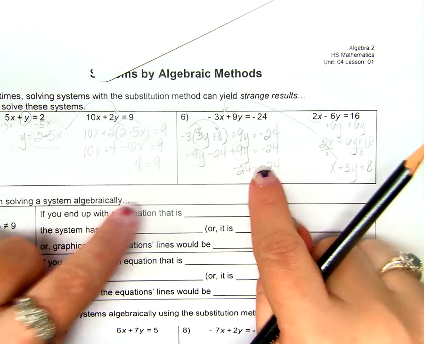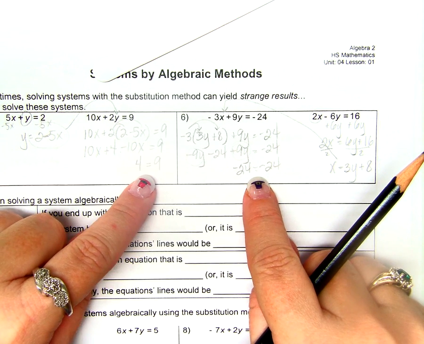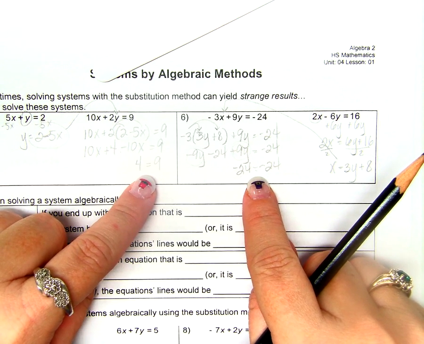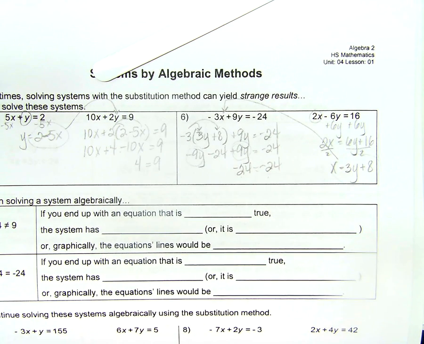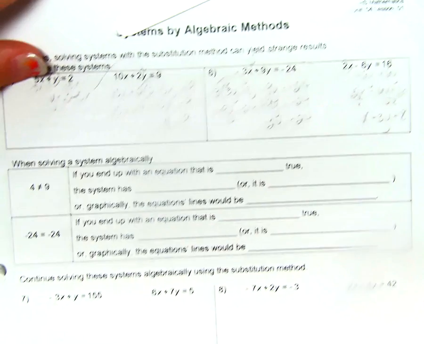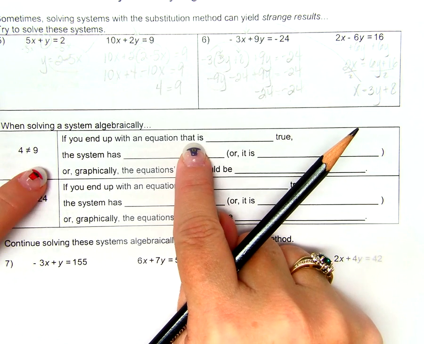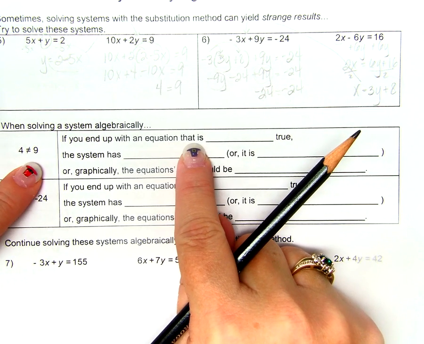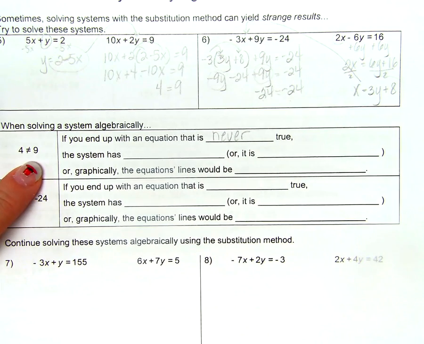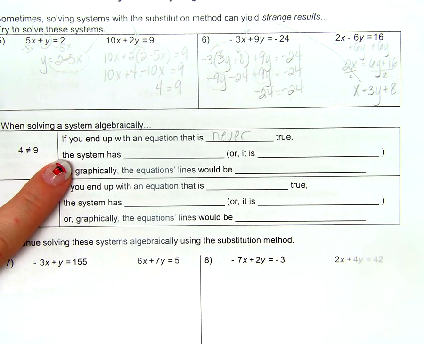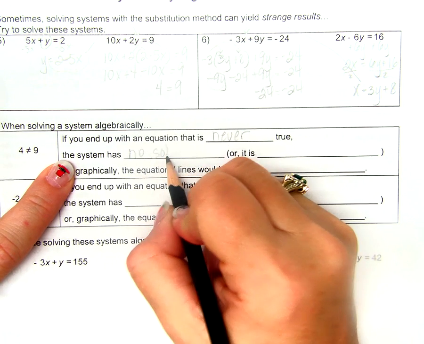So we have two different situations here, right? Where did our x's go? They just subtracted to 0, didn't they? Okay? So when we're solving a problem algebraically, if we end up with an equation that is not only not true, but never true, the system has no solutions.